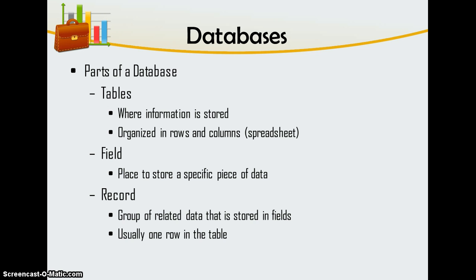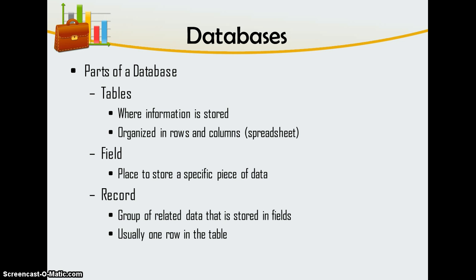So let's go over a couple of the terms that we'll use when we're talking about databases. We put our information into tables, and then the tables are organized into rows and columns. It looks a lot like a spreadsheet when you see the format of it. We input the information into fields.